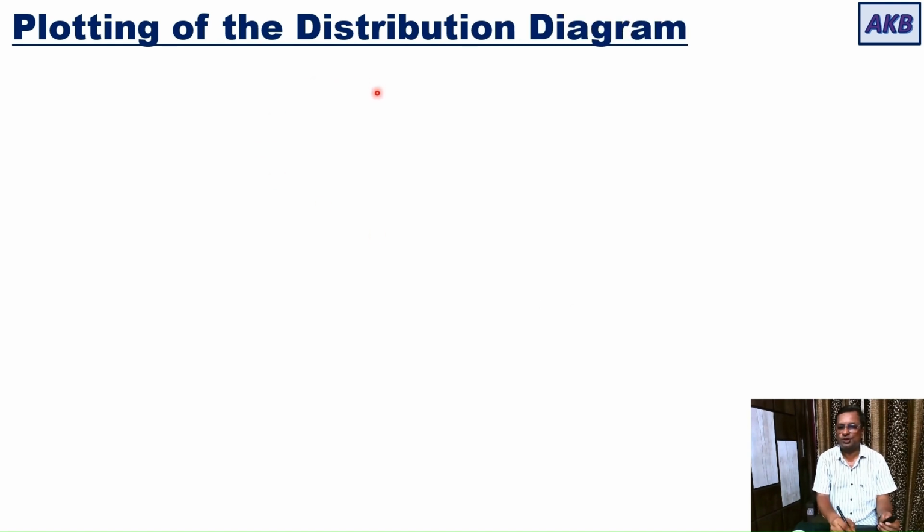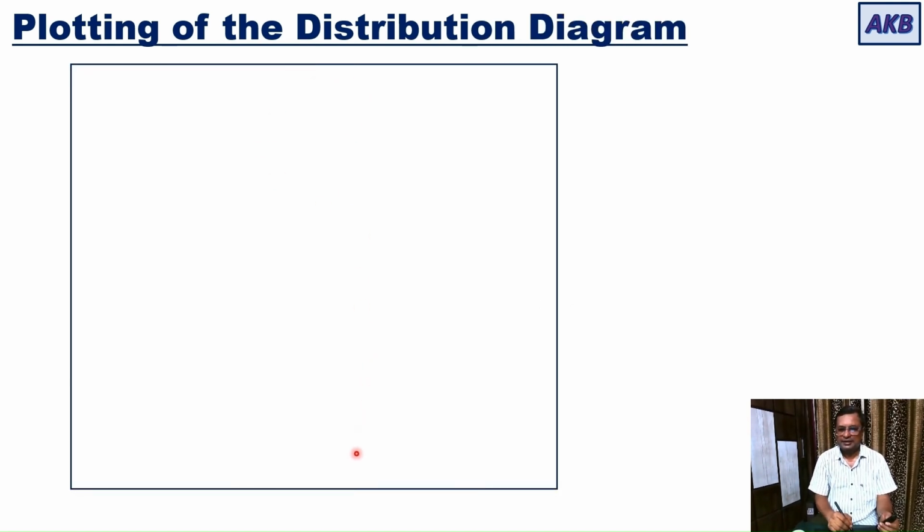So after plotting the enthalpy concentration diagram, next task is to plot the distribution diagram. For that, mole fractions in the liquid phase, that is small x, will be plotted on the x-axis, and mole fractions in the vapor phase, that is small y, is plotted on the y-axis.